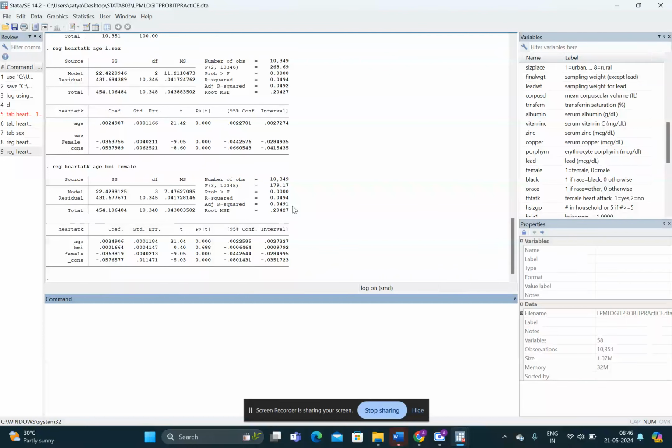As the age of the person increases, the probability that the person will have a heart attack also increases. In the case of BMI, with an increase in BMI, the probability of the person having a heart attack also increases. But in the case of female, it is negative. So we can say that compared to male, if the individual is female, then the probability that the person will have a heart attack decreases.